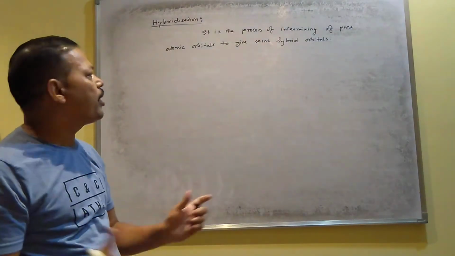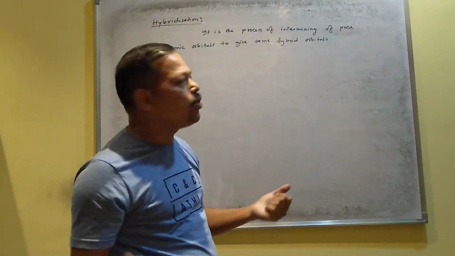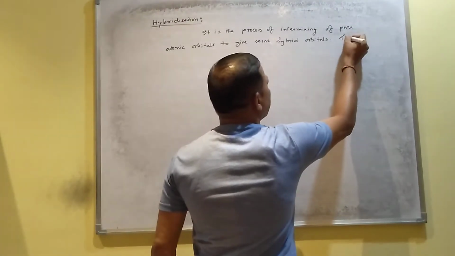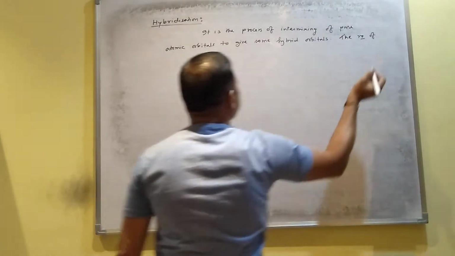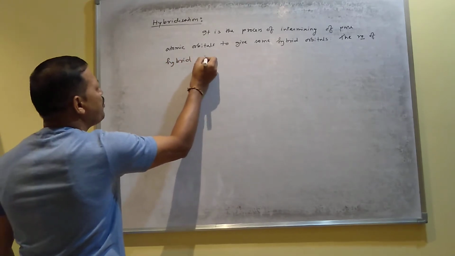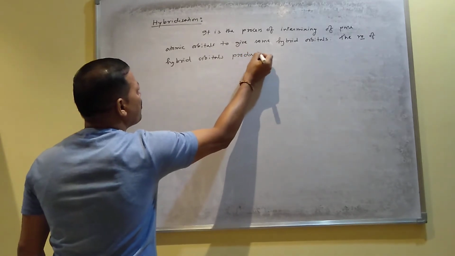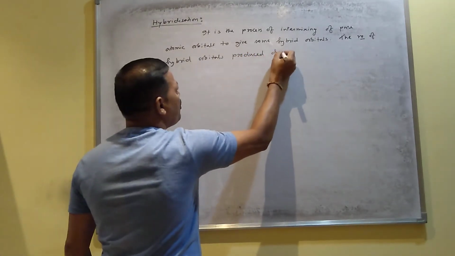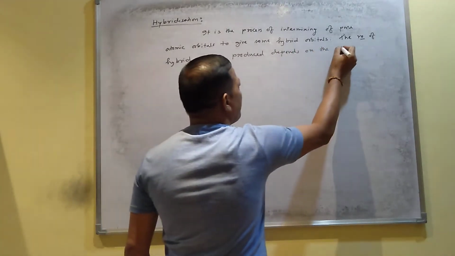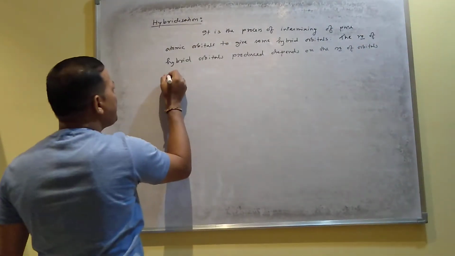I mean, mixing of some atomic orbitals takes place, and after mixing they will produce some new orbitals which are called hybrid orbitals. The number of hybrid orbitals produced depends on the number of orbitals involved in mixing.